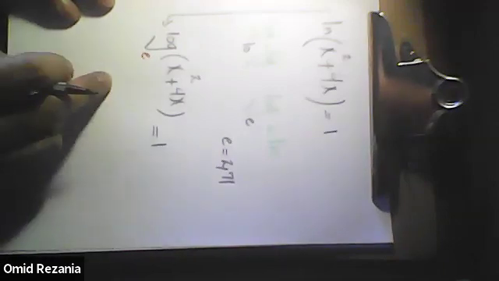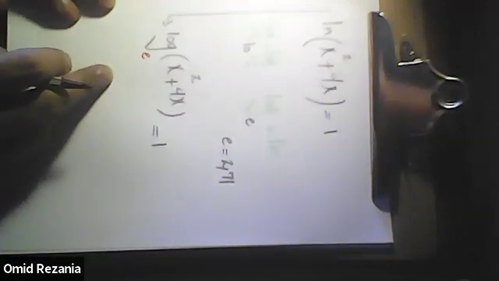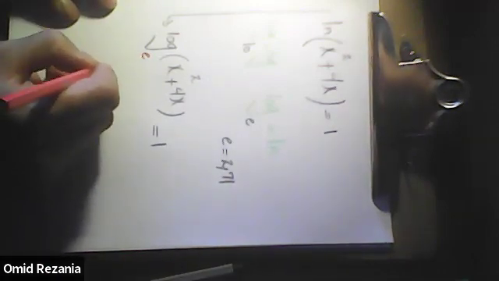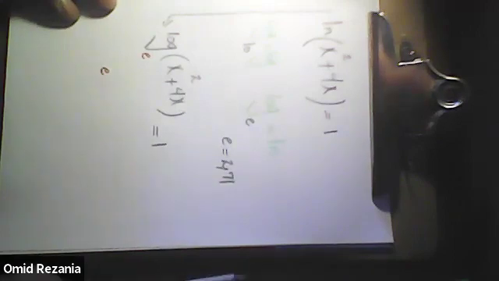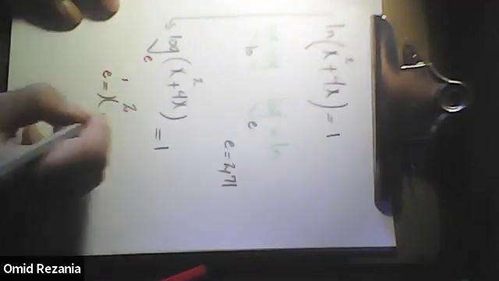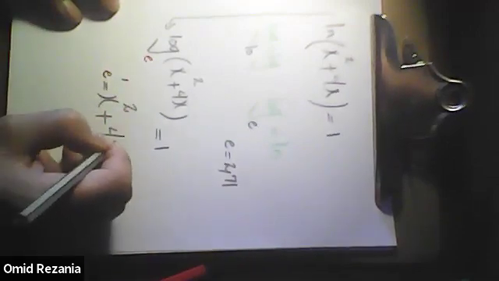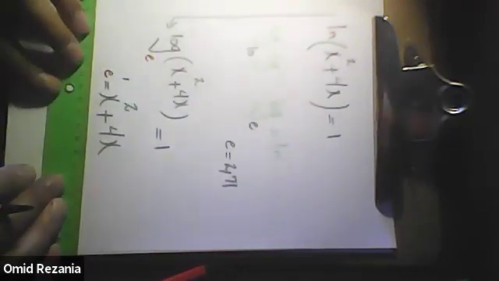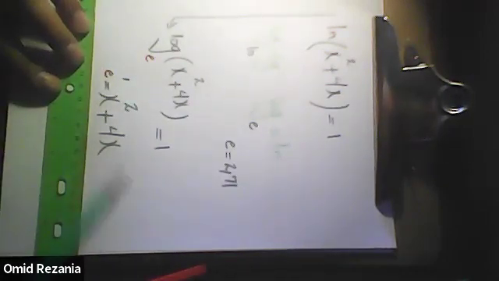How do I have it as an exponential representation? I know it's going to be very easy. Because in that case, e to the power 1, which is e itself, should equal x squared plus 4x. Correct? So far, so good. Everyone so far is okay with that?